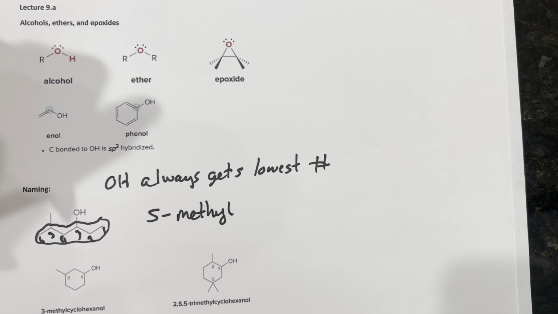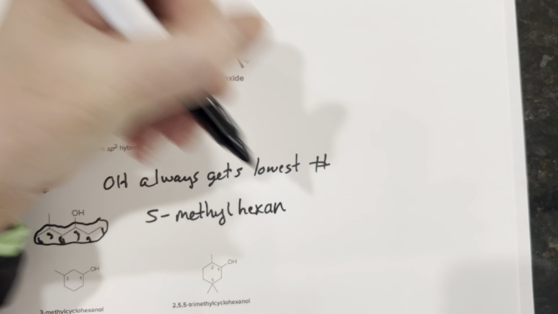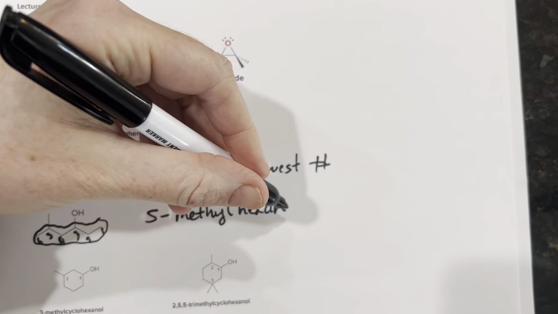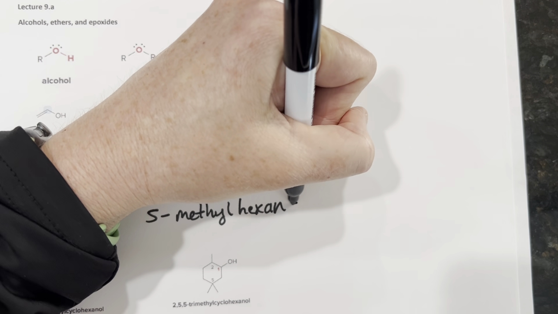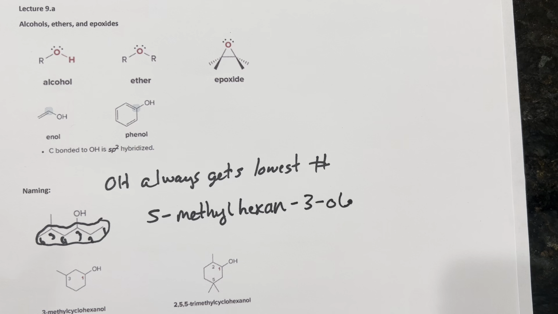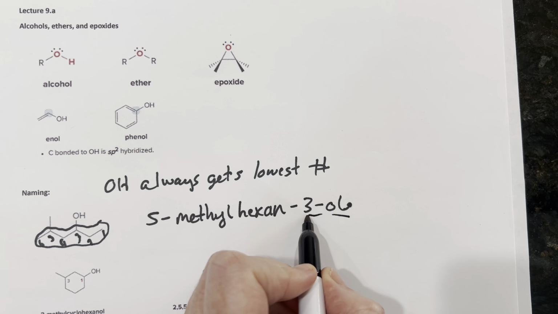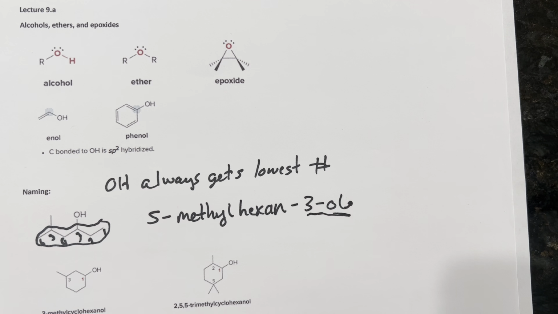And then you name the next part, the hexane, but you don't write the E on it. The reason for that is now we're going to put where the alcohol is, 3-ol. So it's 5-methyl hexan-3-ol. And that just goes to show you how important the alcohol is in this methyl hexane that we have here.